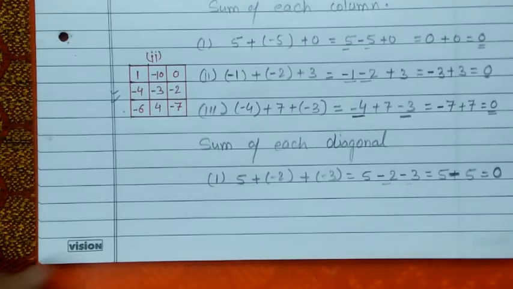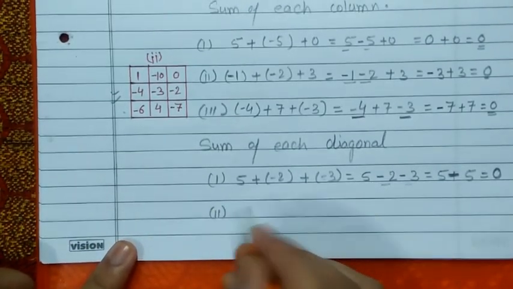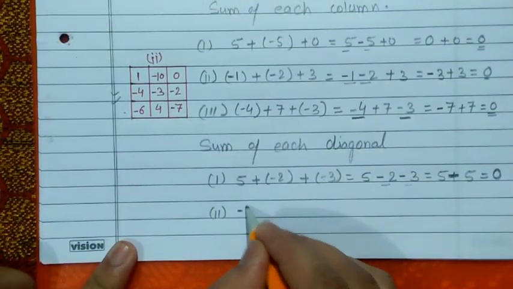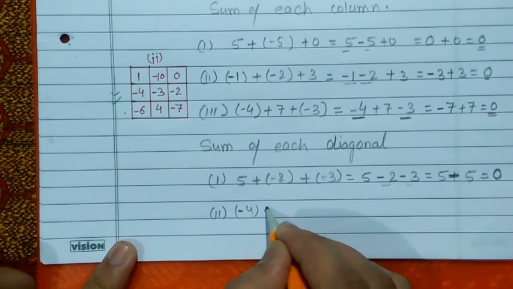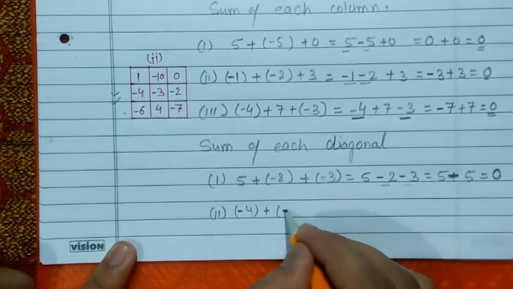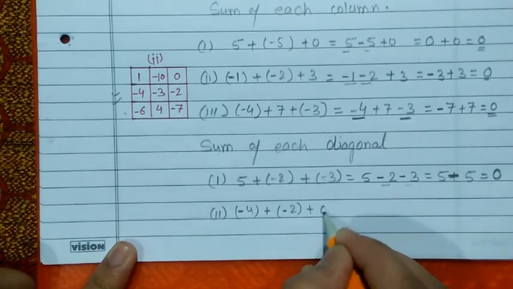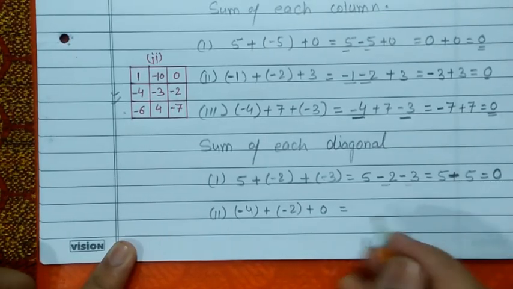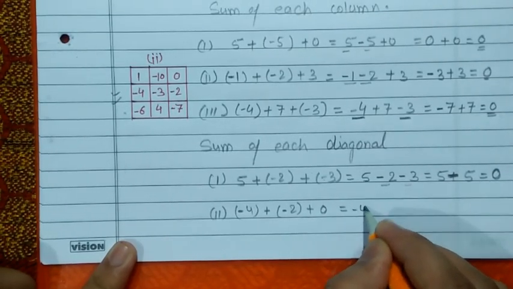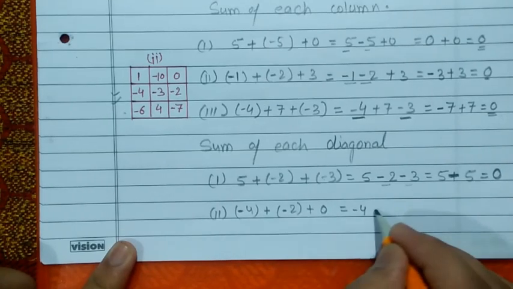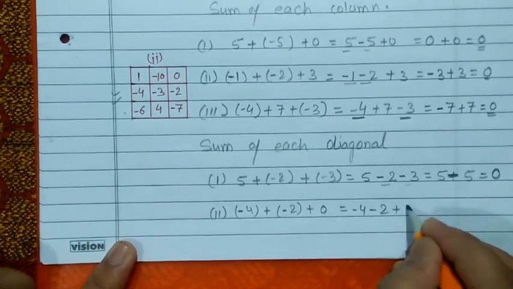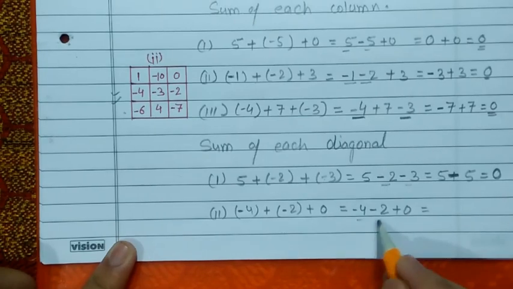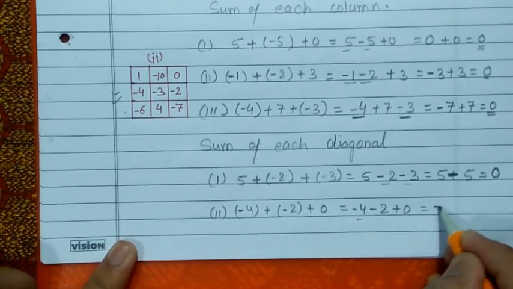What is about the next diagonal? The next diagonal has minus 4 plus minus 2 plus 0. When we simplify it, we get minus 4 plus minus 2 and plus 0. So minus will be added, sign will be applied negative.